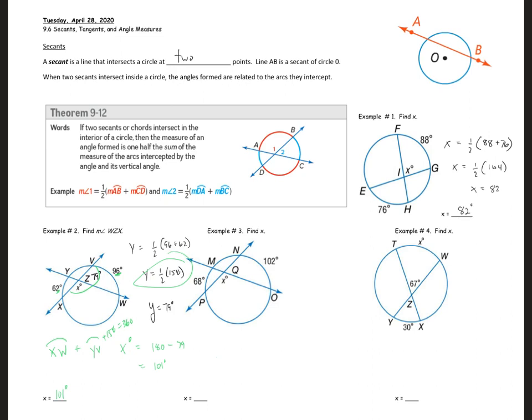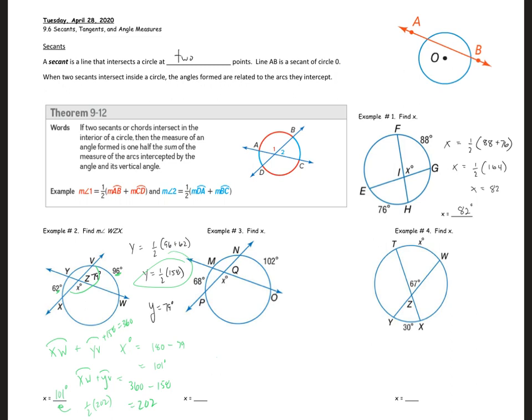And you know that arc XW plus YV is equal to 360 minus the 158. And if you do that, you get 202 degrees. So you could have said half of 202. And that will give you 101 degrees. I don't care how you approach that problem.